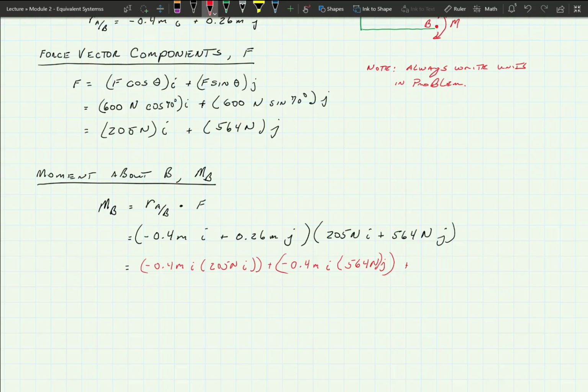And we're going to do plus 0.26 meters times J. That goes over and multiplies times 205 newtons times I. And then the last one is plus 0.26 meters J times 564 newtons times J.